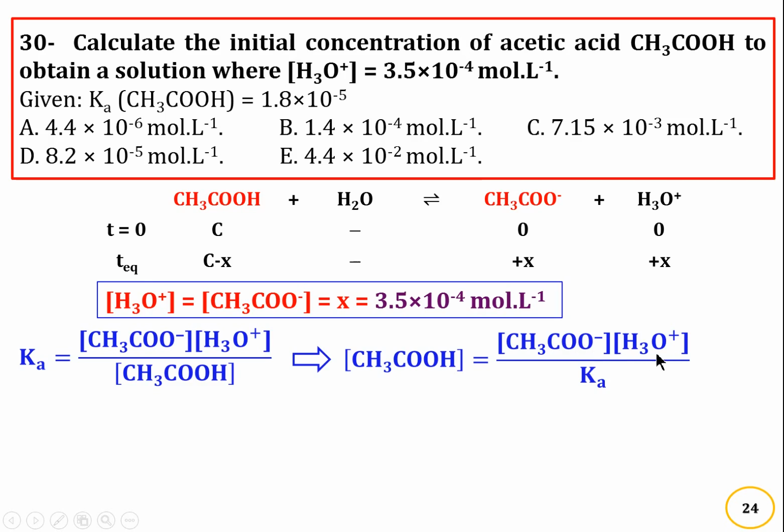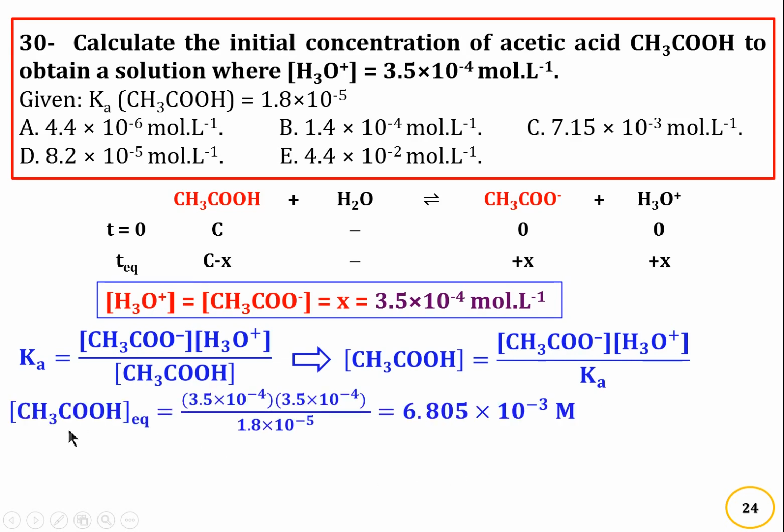Ka equals the concentration of the products divided by the reactant at equilibrium, which implies acetic acid at equilibrium equals acetate at equilibrium times H3O+ at equilibrium divided by Ka. So the concentration of acetic acid at equilibrium equals 3.5 times 10 to the minus 4 times 3.5 times 10 to the minus 4 divided by Ka, which is equal to 1.8 times 10 to the minus 5. So the concentration of acetic acid at equilibrium equals 6.805 times 10 to the minus 3 molar.